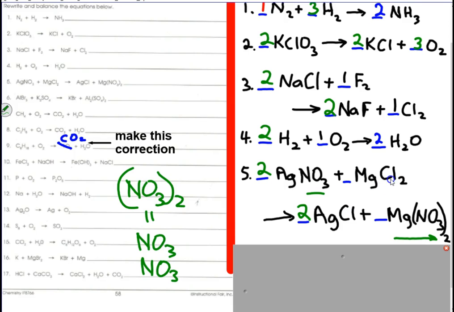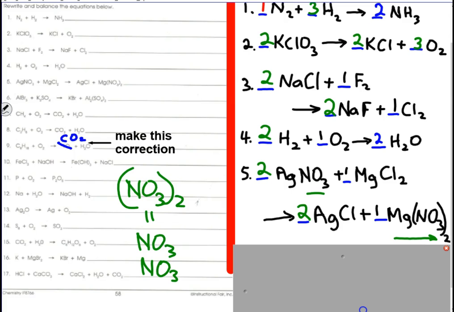Isn't that cool? And the magnesium, what do we have on the top side here? 1. What do we have down here? By golly, we're balanced. So what do we do next? Put the 1s in on the blanks. Ta-da!